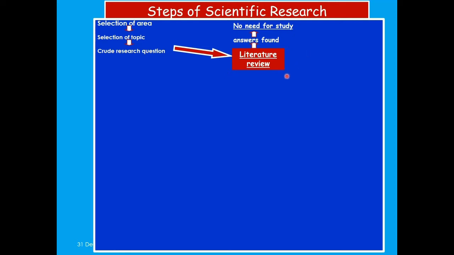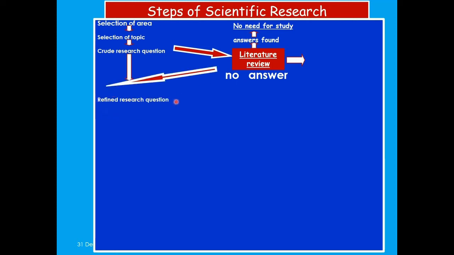However, if during your literature review you don't get the answer, then you refine your research question further, and after refining the question go back to your literature review and check whether what you are going to do is okay or not.